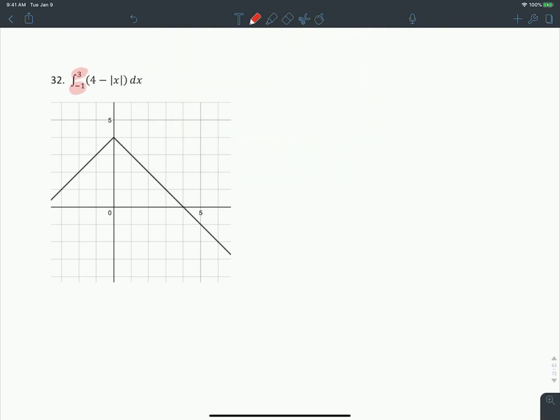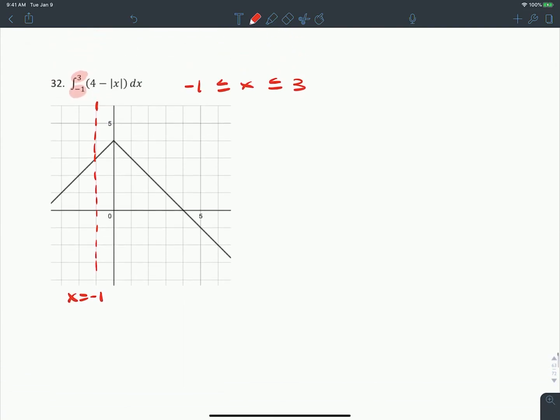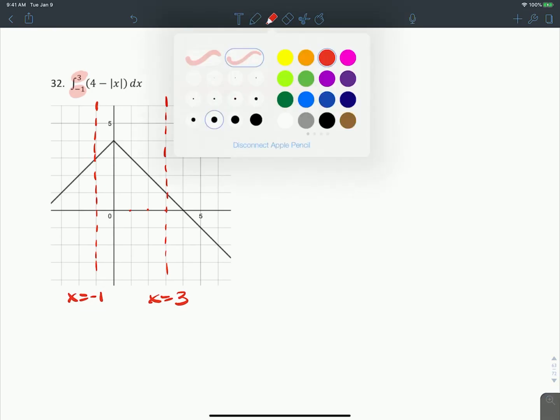-1 to 3. -1 less than or equal to x less than or equal to 3. X is -1. 1, 2, 3 here. So we're going to look at the area under this curve here.